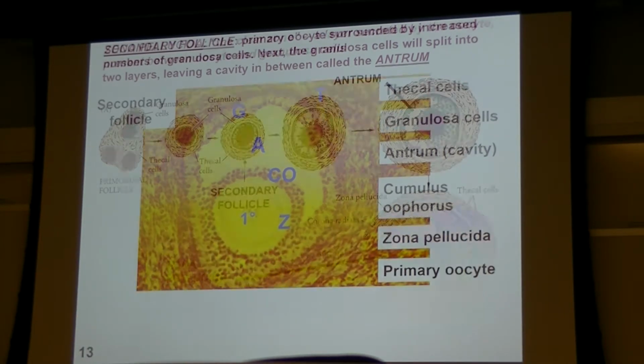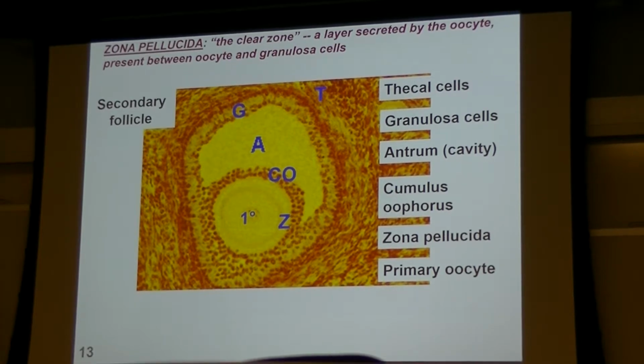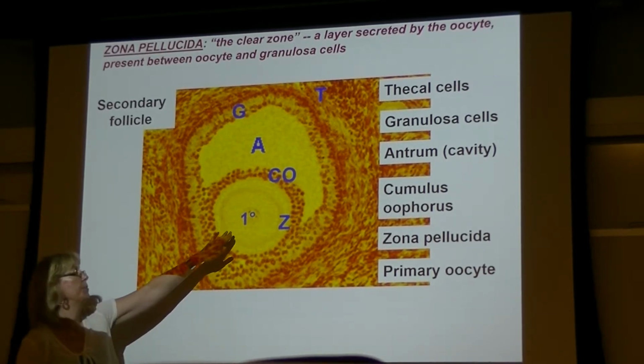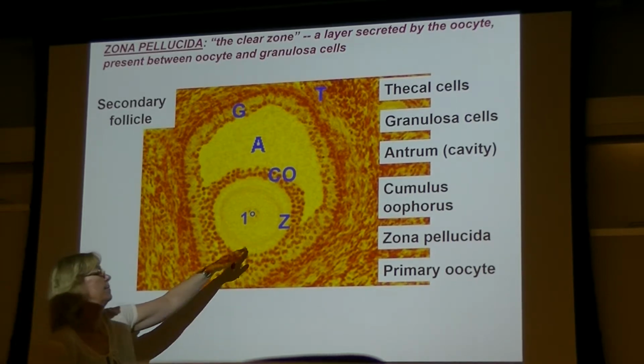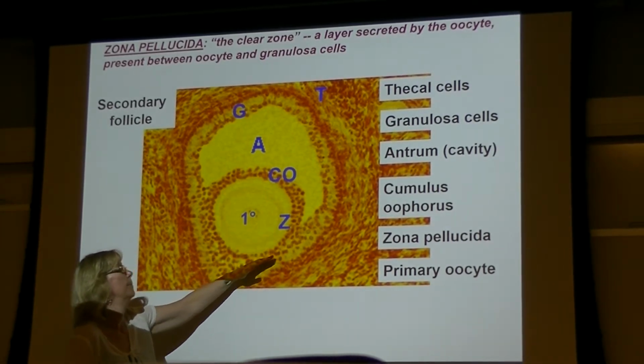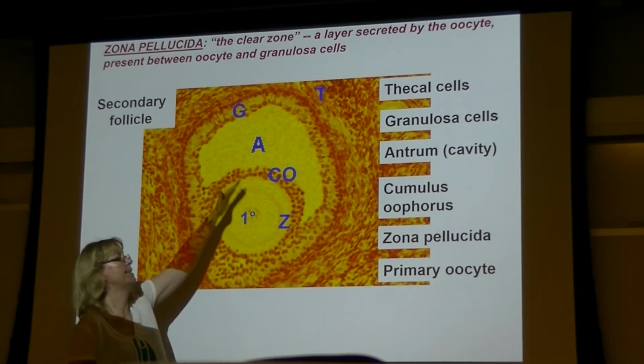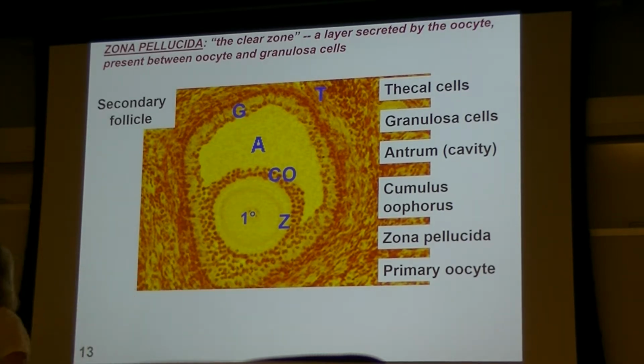So if you look at what this thing looks like at this stage, we can see our primary oocyte that is beginning to wake up here, surrounded by zona pellucida. Then we have granulosa cells. And granulosa cells get a few different names in the literature. This is sometimes called the cumulus oophorus, which means a layer of cells surrounding that oocyte.